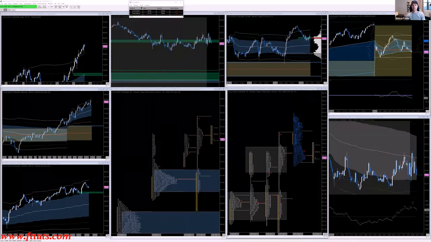Working into a little bit of the crude. I'll get in more if it gets a little bit higher, or I'll just not if it's going to go lower.